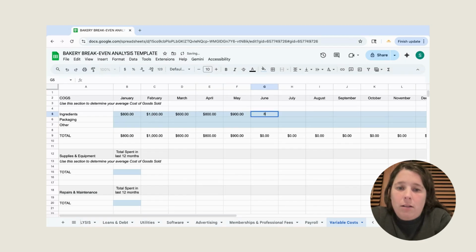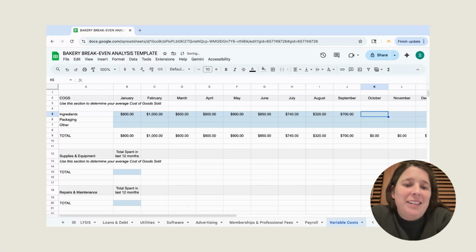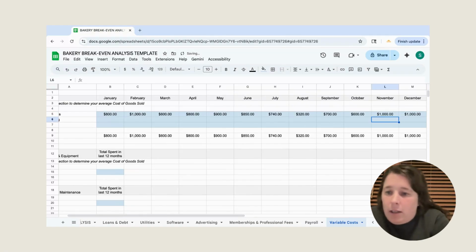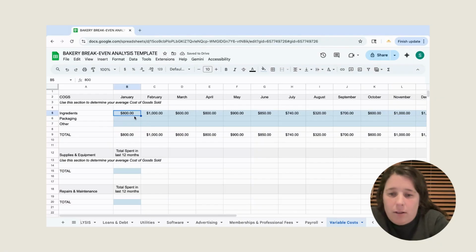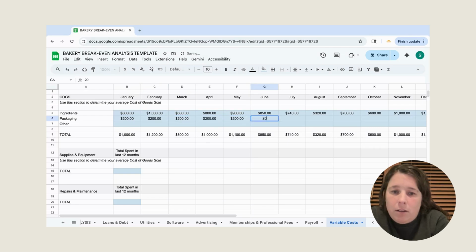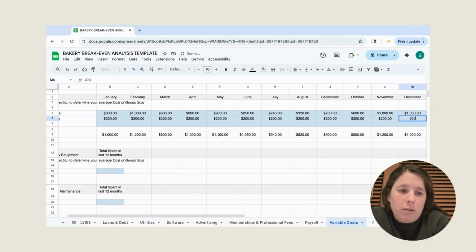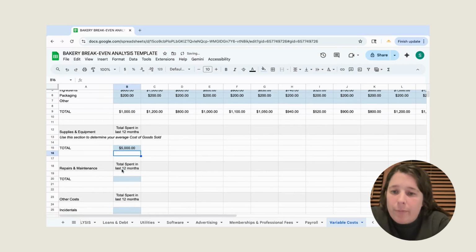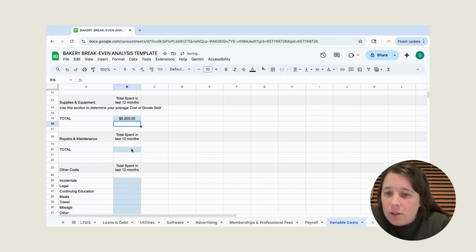I guess we had a low August based on my random numbers that I'm typing in. And then packaging, we'll do another. And then supplies and equipment, let's say we spend $5,000 in the last 12 months.